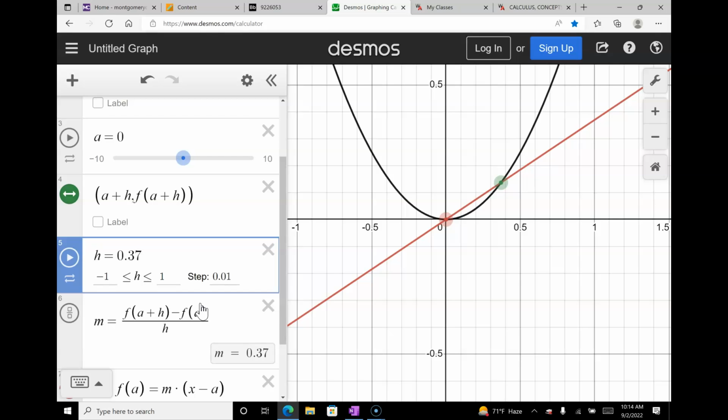Even if you remember me doing this in our limits already, I said 0.9, 0.99, 0.999. See, I'm getting to 0 really quickly, right? I just chose this arbitrarily, okay? So bear with me, play around with it.